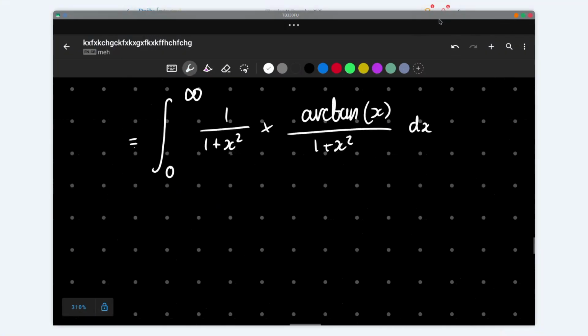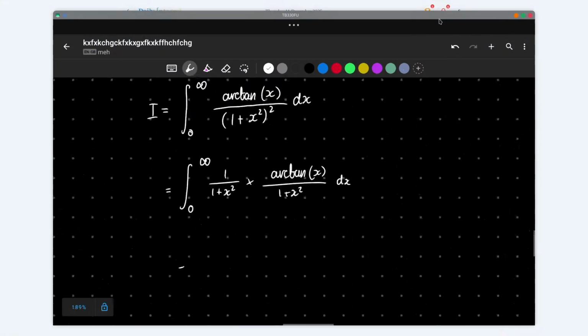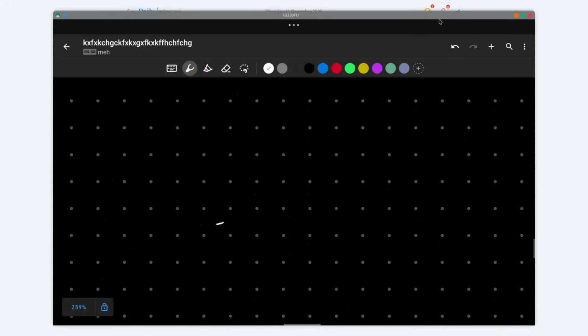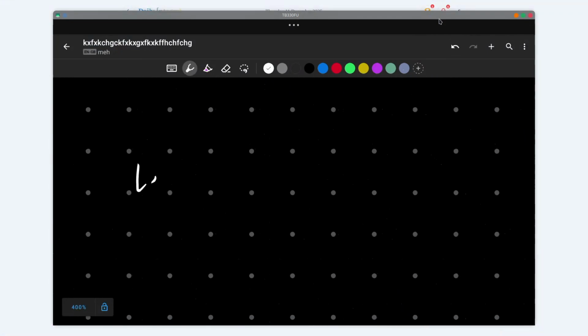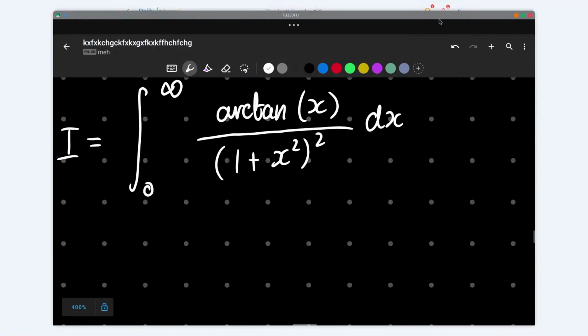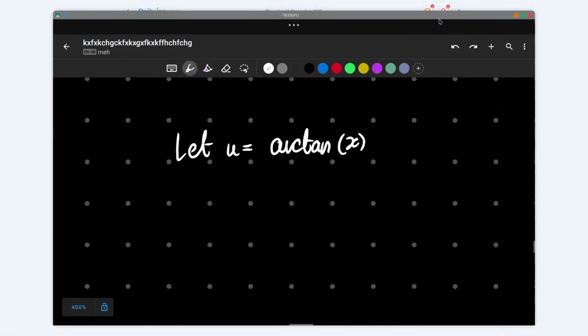Okay, experimentation time. I'll also delete this above part because that's a genius idea, but I just can't put it into perspective in the moment. Let u equal arctan x, which sucks because if I could do it correctly, I would want to replace that, but I can't. du equals 1 over 1 plus x squared dx.